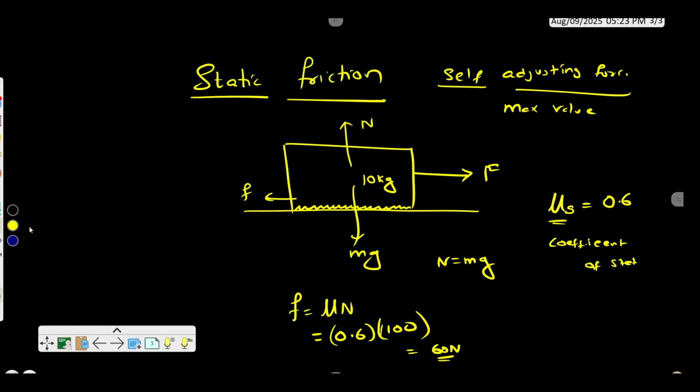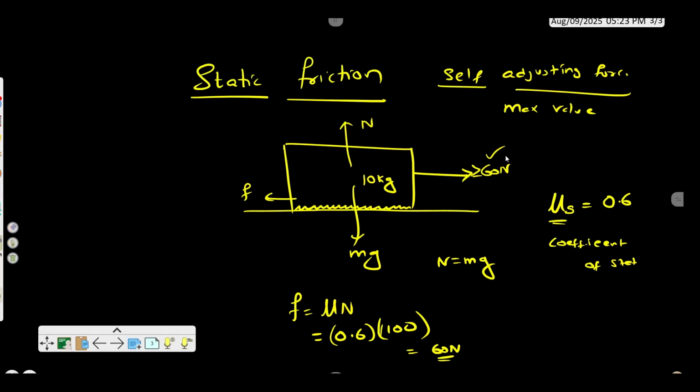That means this body will move only if you apply 60 Newton force or more. So if you apply 60 Newtons or more, then only this body is going to move. Till then, this body is not going to move.